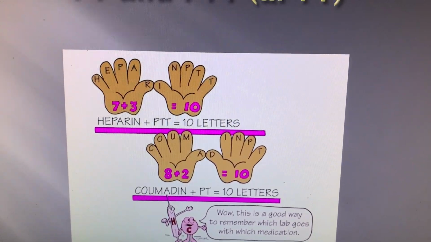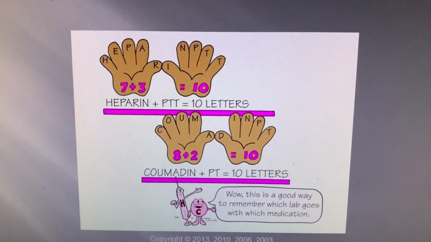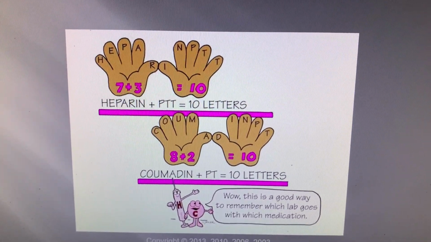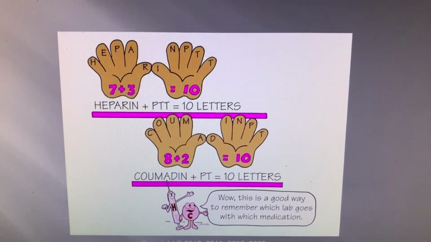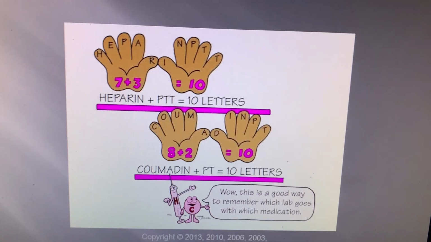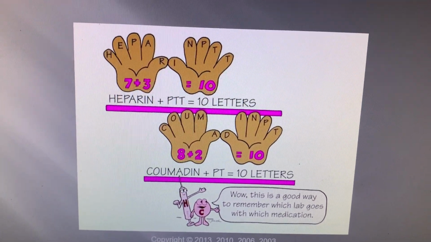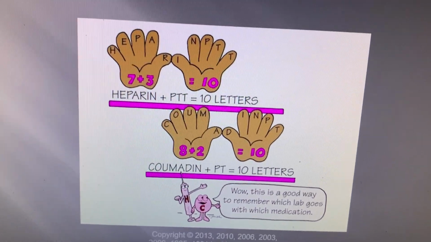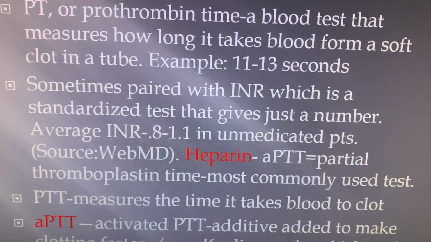So Coumadin 8, PT 2 makes up 10 fingers, and that helps you remember that the Coumadin test is a PT, or prothrombin time. So, for what it's worth, this might help you remember should you have to figure it out on a quiz or a test, and I'm pretty sure you will.